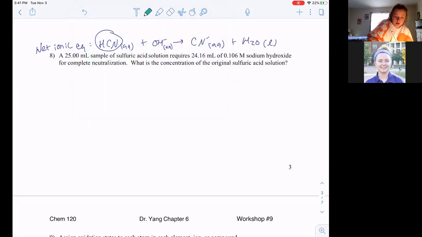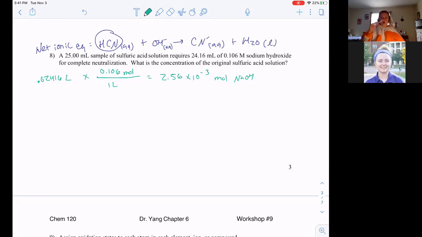I'll use this color. We have 0.02416 liters times 0.106 molarity for 1 liter, which is equal to 2.56 times 10 to the negative third moles of NaOH. This may be confusing for you, because you'd be thinking, how do I get to molarity?